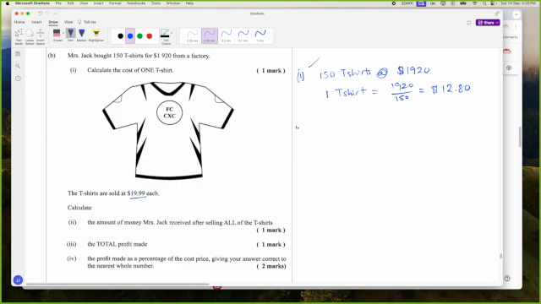So part 2. Calculate the amount of money Mrs. Jack received after selling all the t-shirts. So she sold the t-shirts. How many t-shirts was it? 150 t-shirts. So that'll be 150 times $19.99, which is $2,998.5.